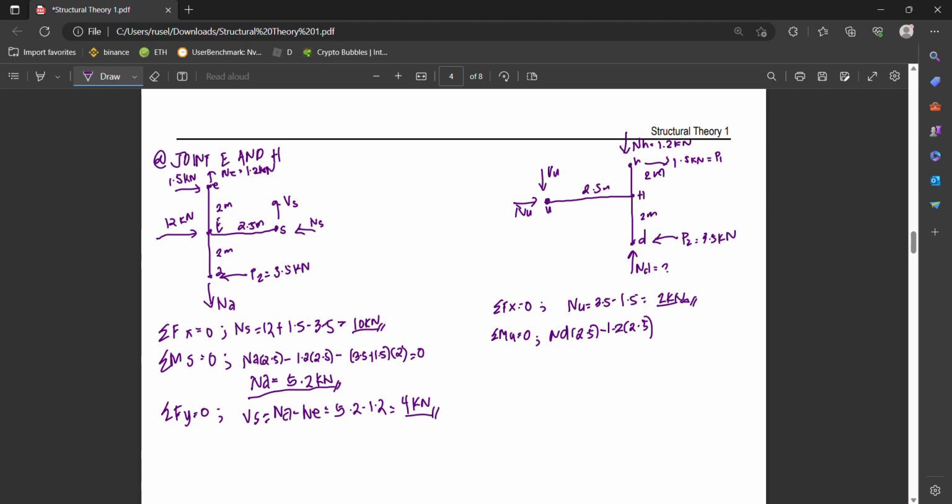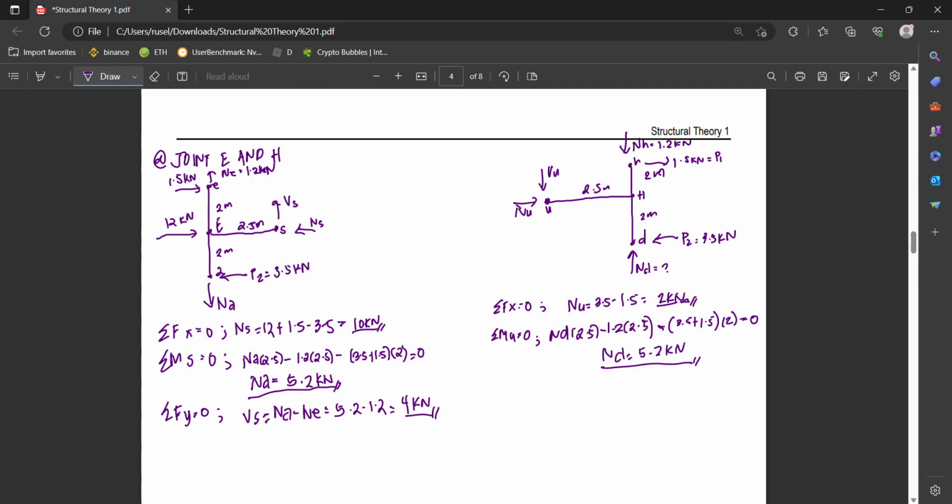Yan. Times 2.5 minus, pag-add natin yung 3.5 plus 1.5 times 2 equals 0. So your ND here is equal to 5.2 kilonewton. Ayan yung ND mo.